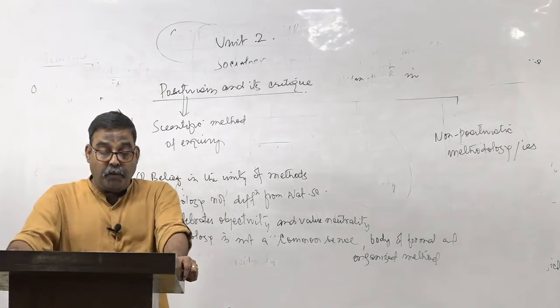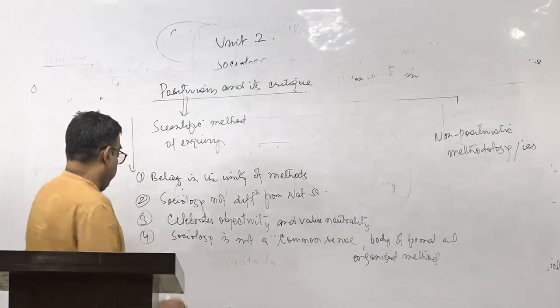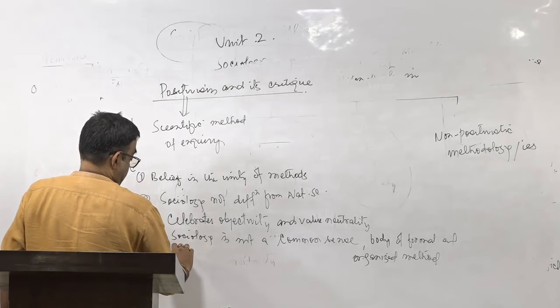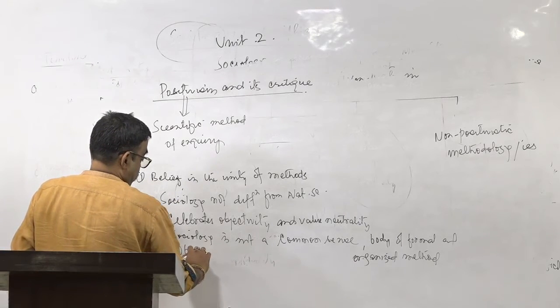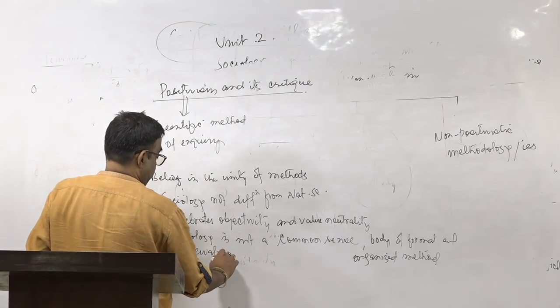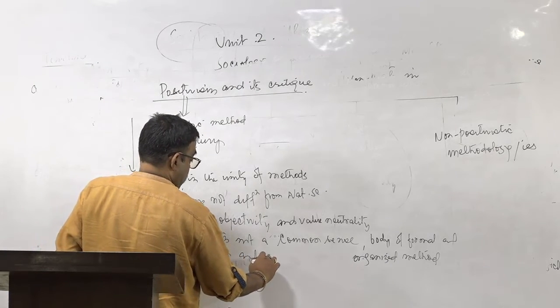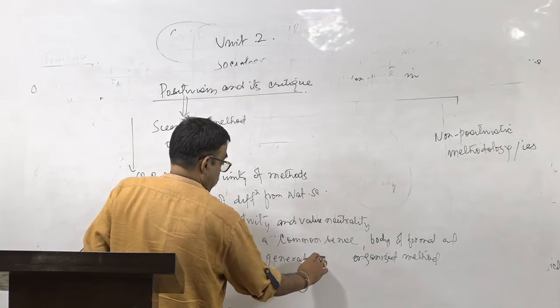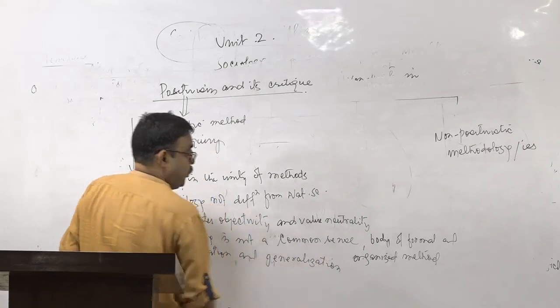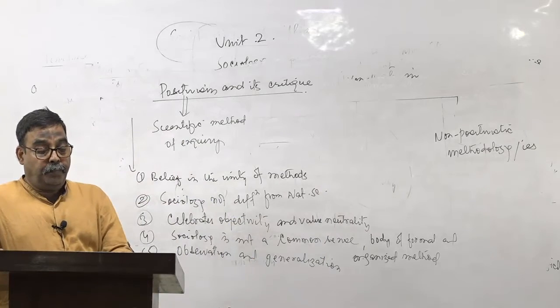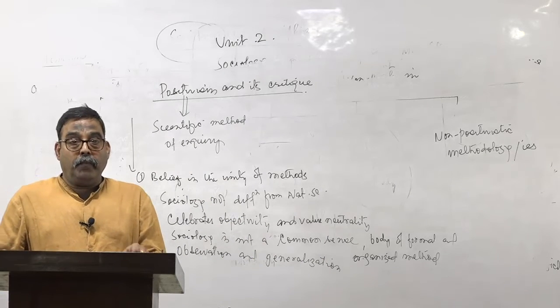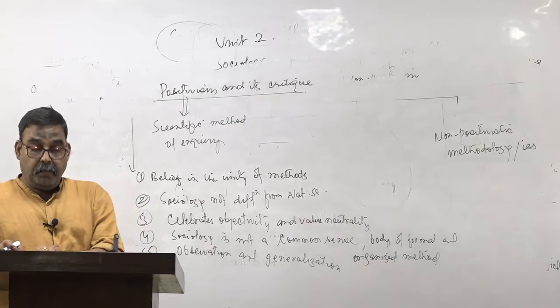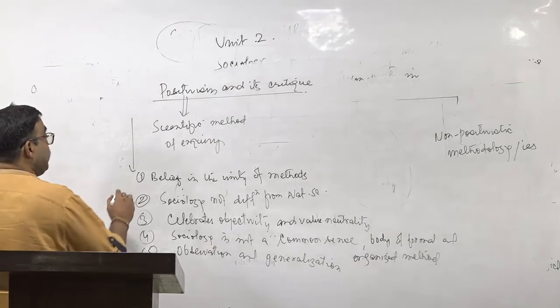Sociology can strive for observation and generalization. So, 5th, observation and generalization. These all are the features of positivism.